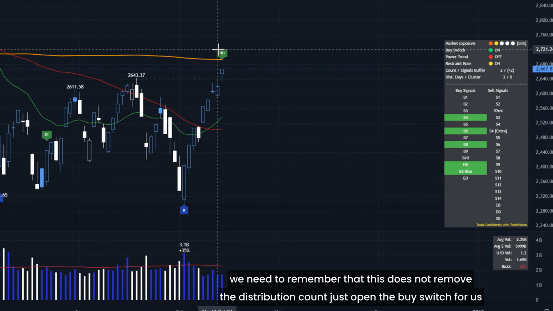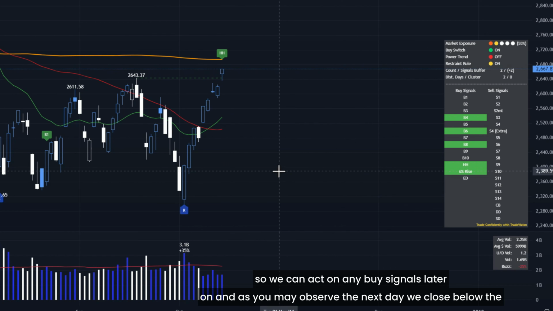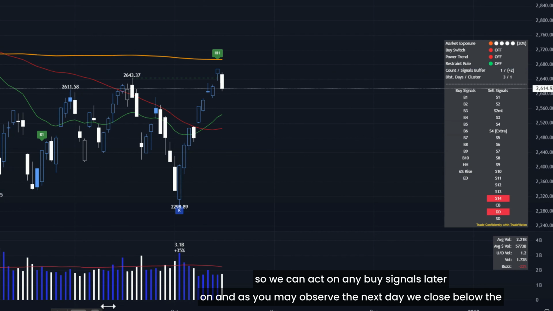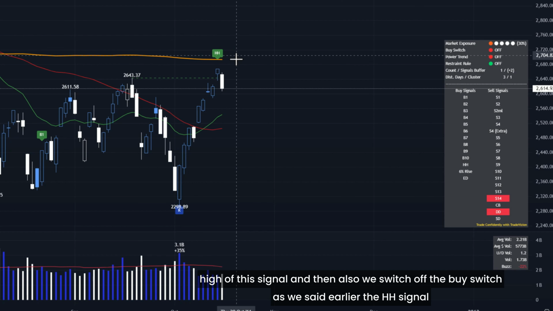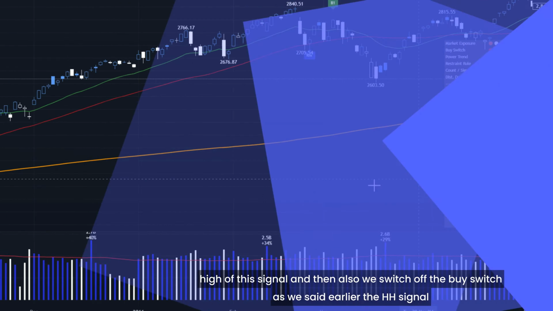We need to remember that this does not remove the distribution count, it just opens the buy switch for us so we can act on any buy signals later on. And as you may observe, the next day we close below the high of this signal, and then we also switch off the buy switch.